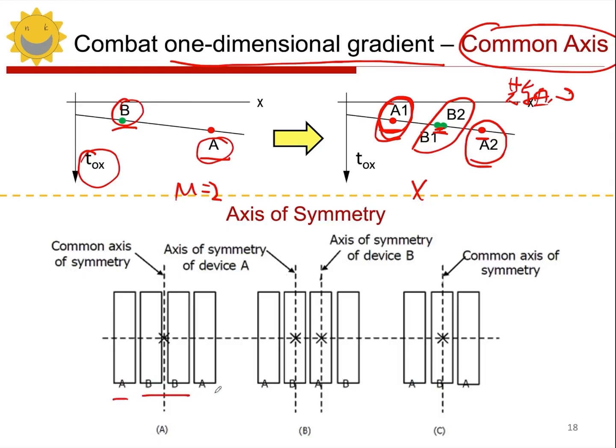Now, looking at the situation with B, right? In the case of B, we replace the transistor with ABAB, right? The axes of A and B are at these positions and they don't overlap, right? But it's important to note that their axes are getting closer together, right? The axes are getting closer together.